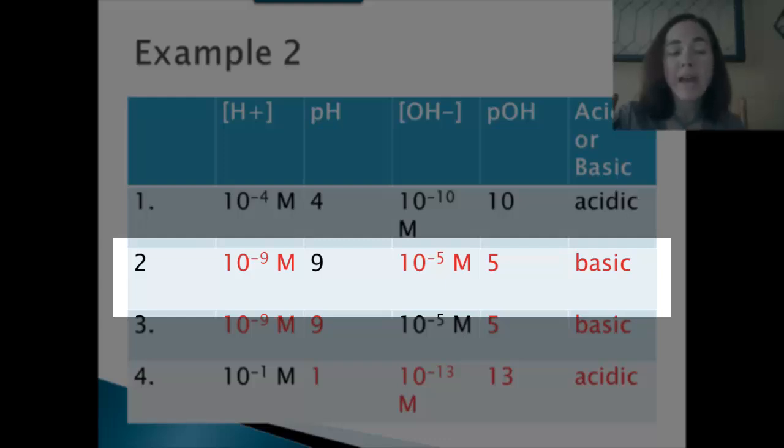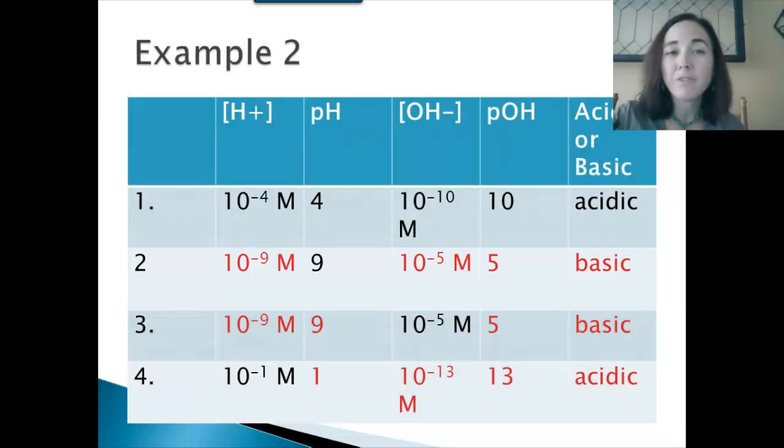So I filled that in for you. Now the other thing I know is that if the pH is 9, the pOH is 5. So I filled that in. And if pOH is 5, hydroxide ion concentration is 10 to the negative 5th molar. Look at the pH every time to decide what type of solution you have. If the pH is 9, this is a base.